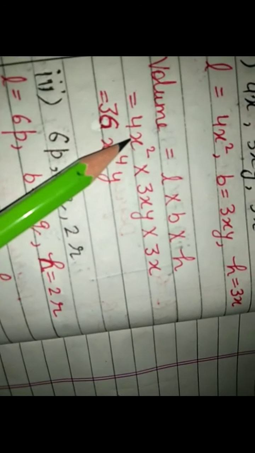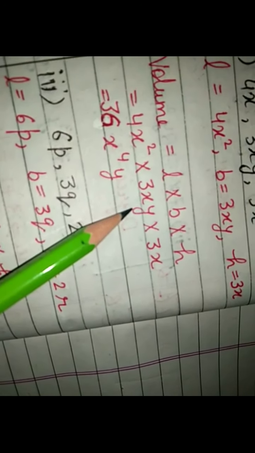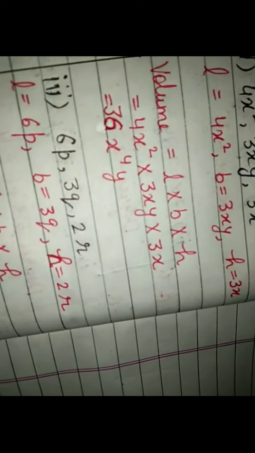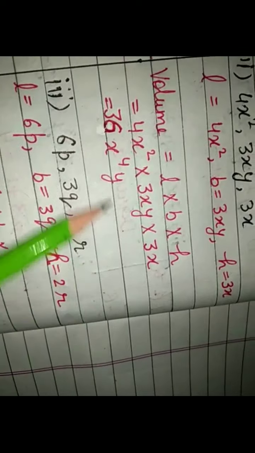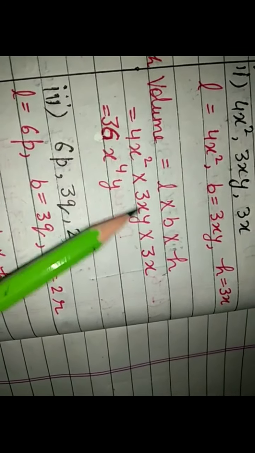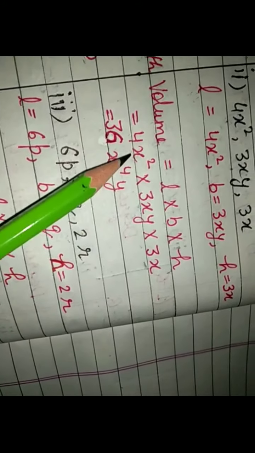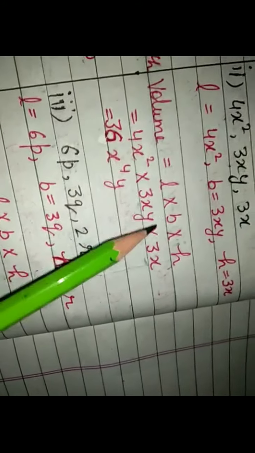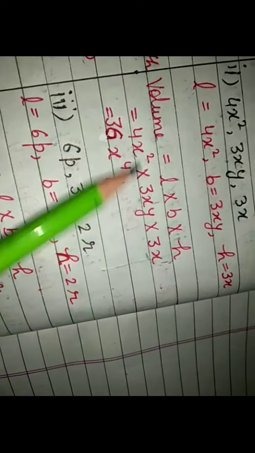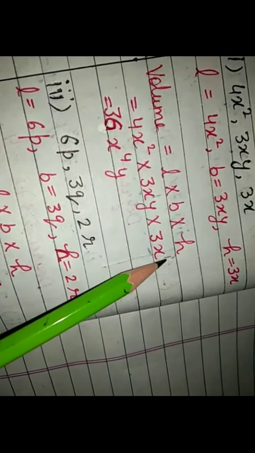You can write 36. Then x is a variable and y is also a variable. So now it's time to add the powers of the same variables. So x: it has x and it has the same x. So x to the power 2, 1, and also 1. So 2 plus 1 is 3, plus 1 is 4.